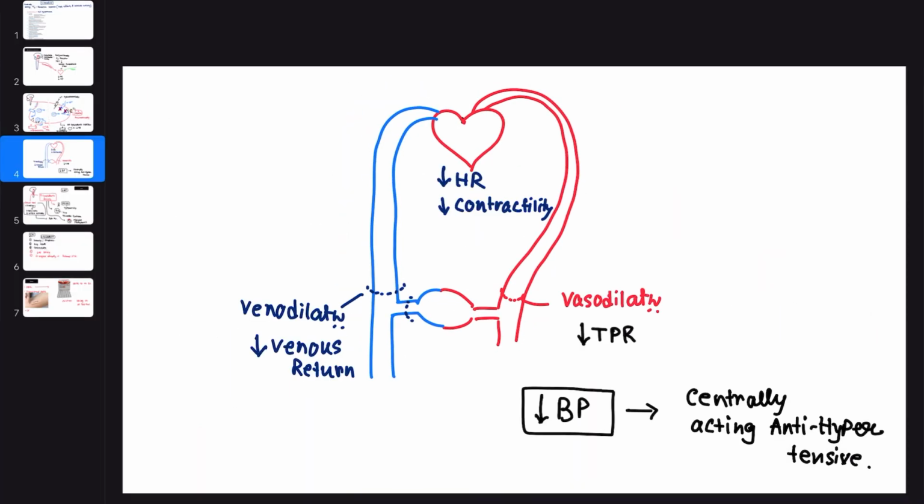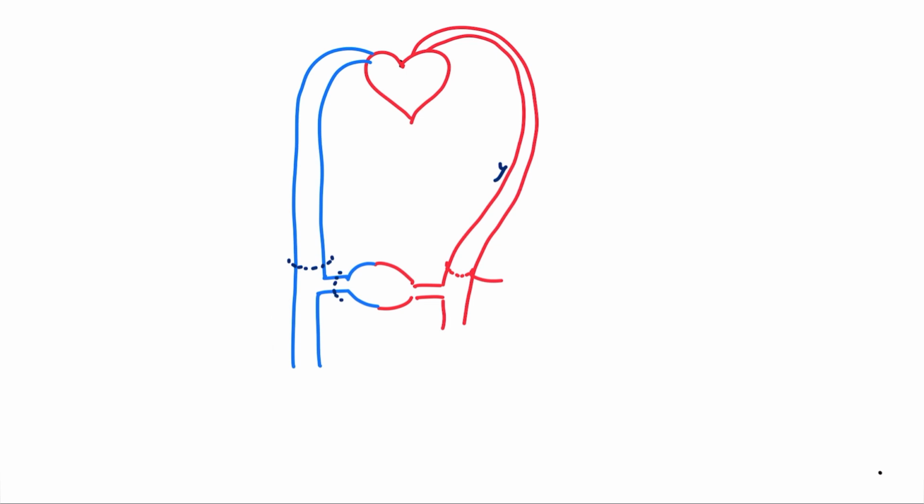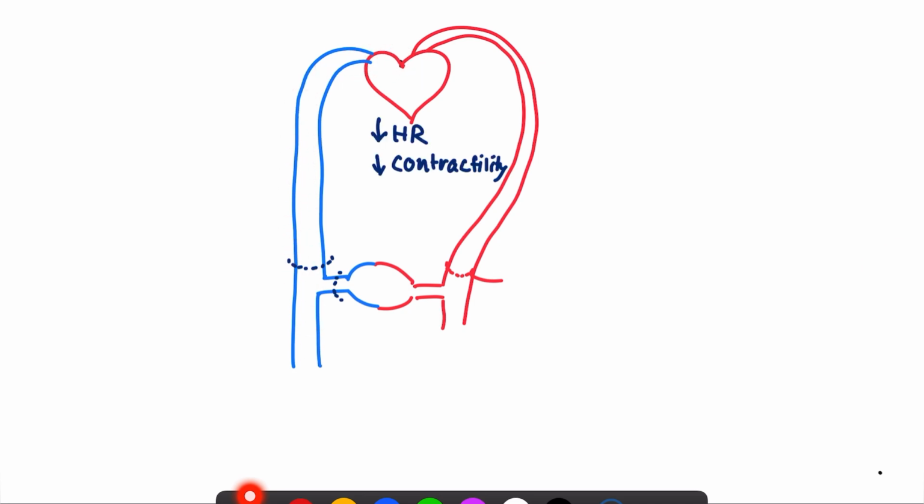Another thing, look here, this is our heart, and this is your arterial system, and this is your venous system which is draining into the heart. So what is actually happening here? Because of the sympatholytic activity, there is reduced heart rate and reduced contractility, as well as vasodilatation. Via the alpha 1 receptor, norepinephrine cannot act, therefore vasodilatation.